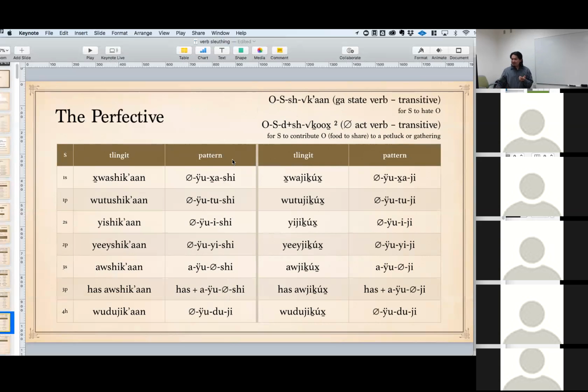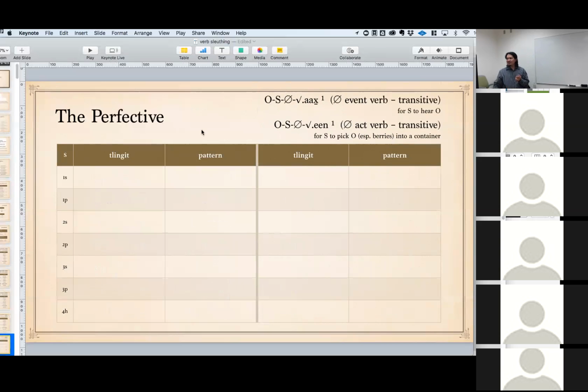What I would like you guys to do is take turns explaining what you see in the theme so we can boldly and accurately predict what the verb is going to look like. And then I would like us to take turns trying to put these together.